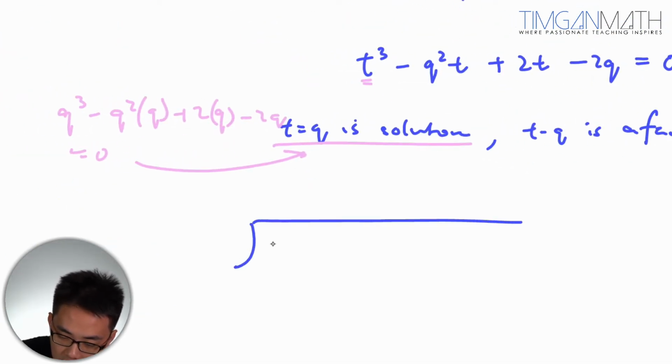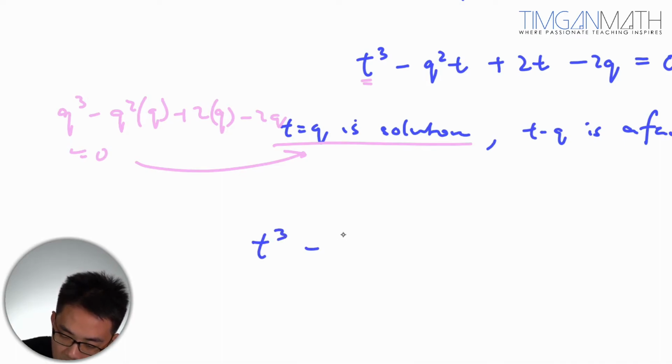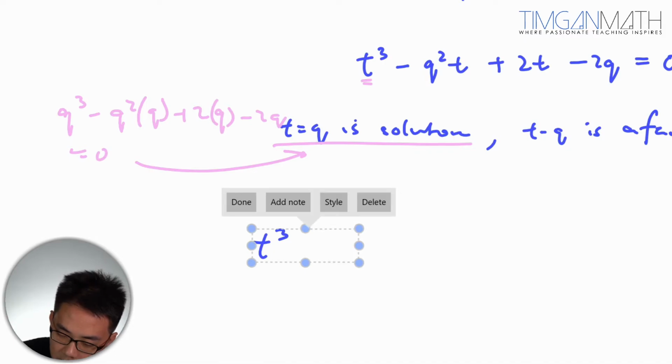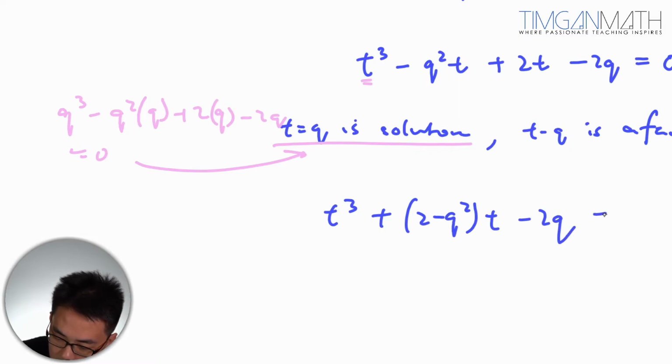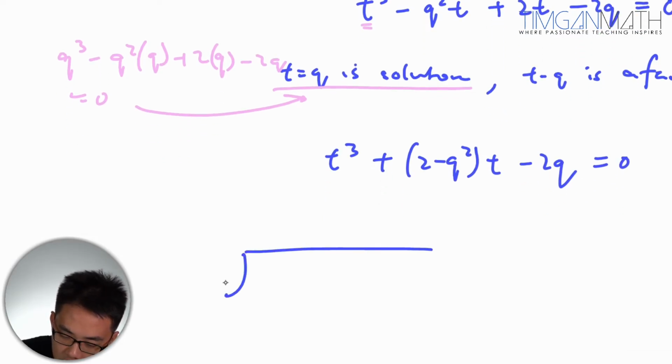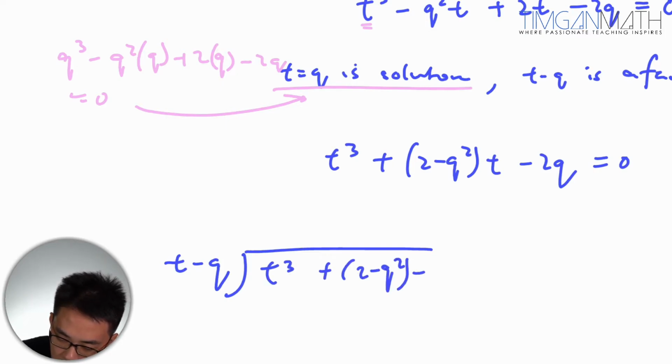So in this case, with t³ − q²t + 2t, I'm going to factorize the t out. I'm just going to do long division, so t − q here. This is a cubic expression.